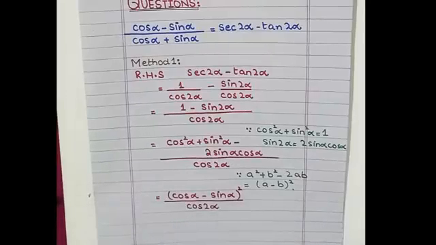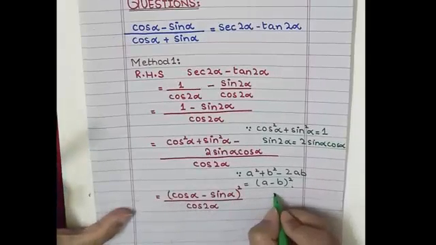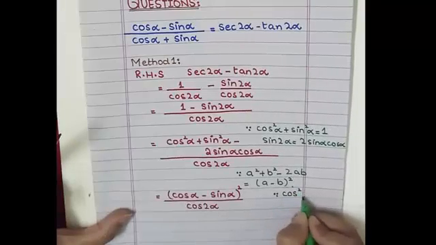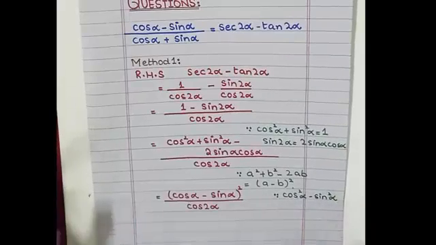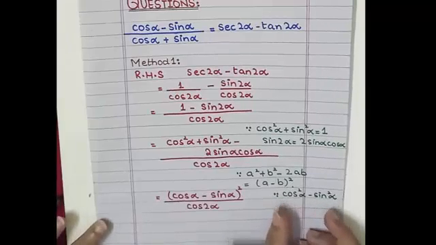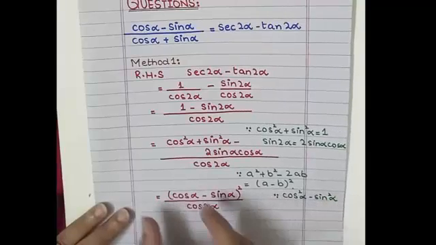Now we have three formulas for cos 2 alpha. The most suitable in this question will be that cos 2 alpha is equal to cos square alpha minus sin square alpha. We can use any formula which is suitable according to our question. In this question, this formula is suitable because in the numerator we also have such a term.